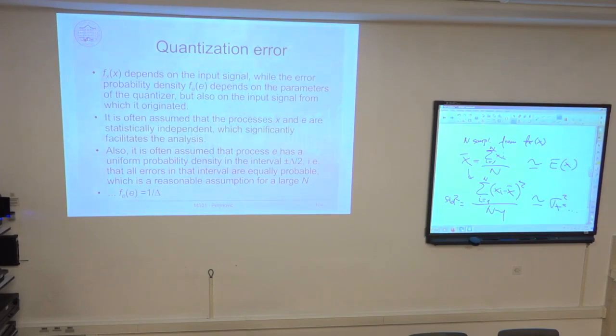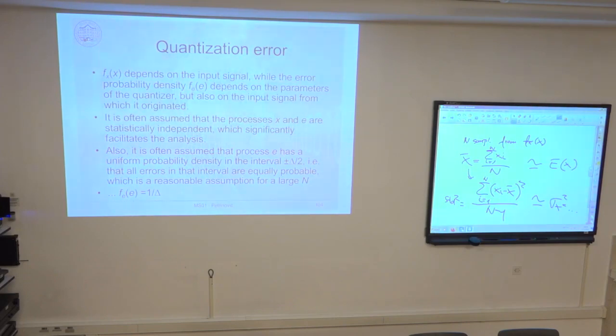But it is not true if I have synchronous sampling. If I have, I would say, an unfortunate case where I sample the signal always at the same value, then the error would always be the same. So it will not be plus minus 1/2 randomly. It will always be the same, maybe 0.3 of the step size.